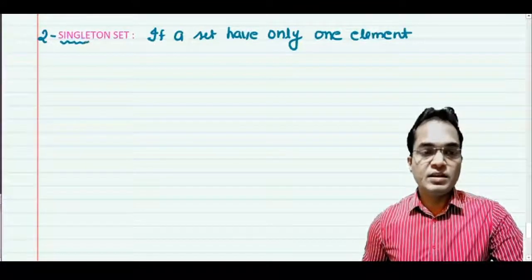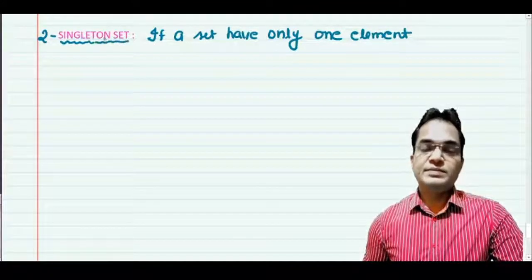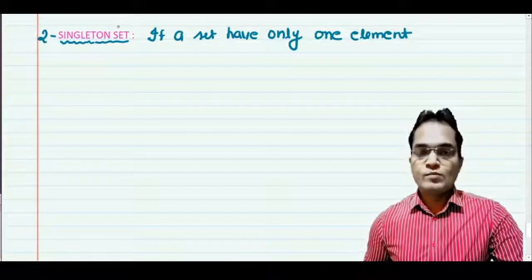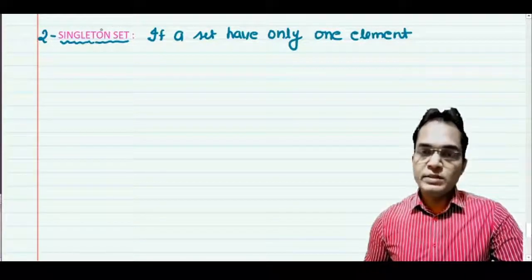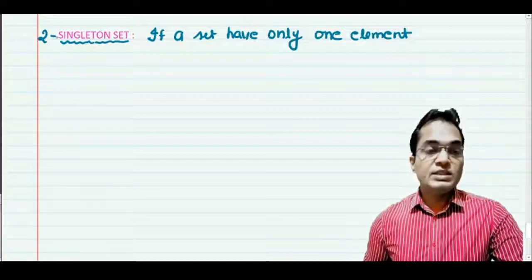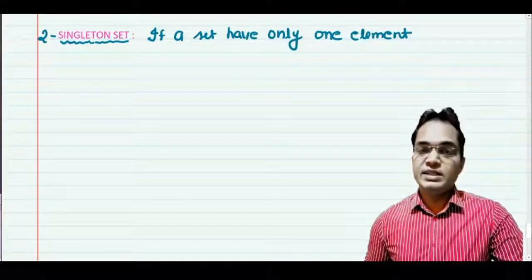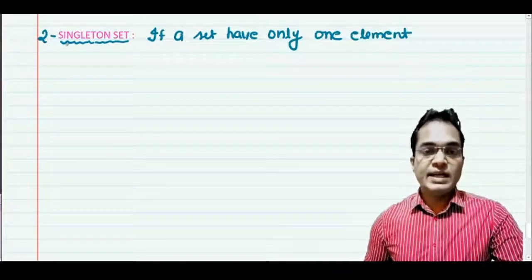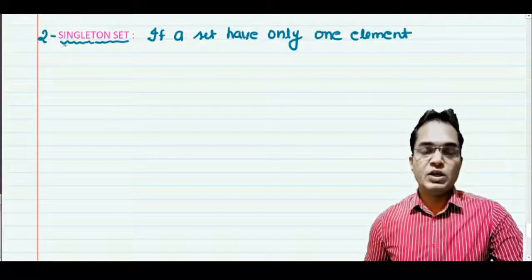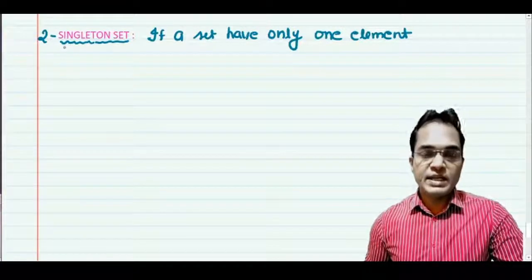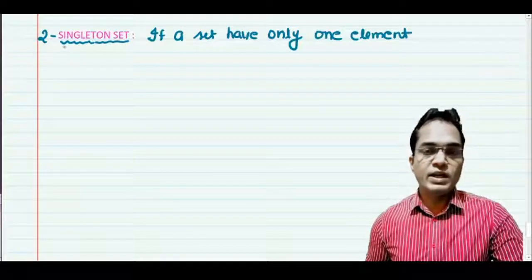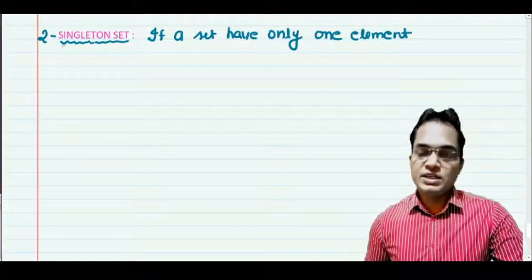Singleton means single. First is the empty set, there are no elements. Then the second important part is the singleton set. If a set consists of only one element, that is called the singleton set.